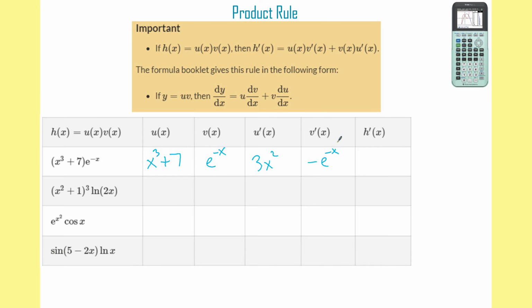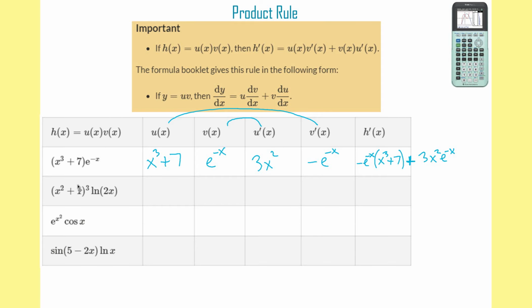And then you mix and match them. You multiply these, you multiply those, and you add them together. So you get negative e to the negative x times x cubed plus 7, added with these two multiplied together, so 3x squared e to the negative x. That's the product rule.